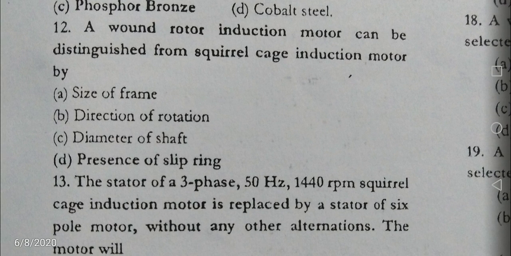The direction of rotation will be the same, the size of the frame and the diameter of the shaft are also similar, but slip rings are there only for the wound rotor induction motor.